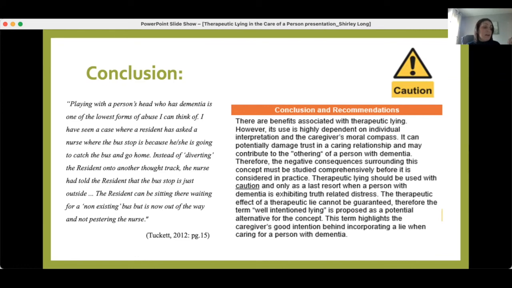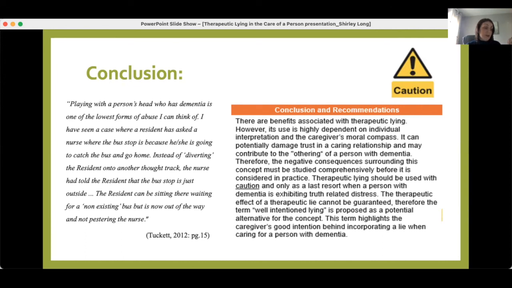However, it is highly dependent on the individual interpretation and the caregiver's moral compass. It can potentially damage trust in a caring relationship and may contribute to the othering of a person with dementia. Therefore, the negative consequences surrounding this concept must be studied comprehensively before it is considered in practice. Therapeutic lying should only be used with caution and only as a last resort when a person with dementia is exhibiting truth-related distress.